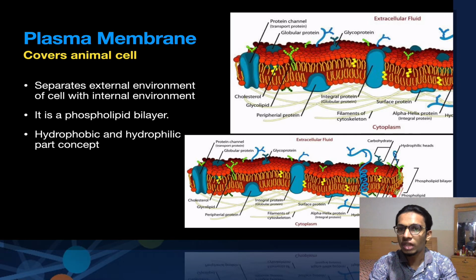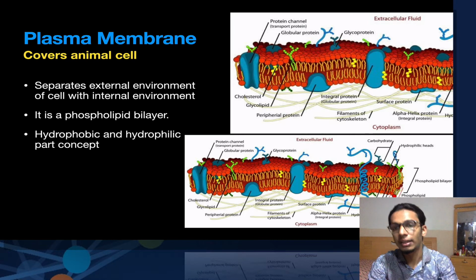They have channels inside, shown in the picture in blue color, which help the transport across this membrane. That's why this membrane is also known as semi-permeable. It only allows the passage of the things which the cell requires.